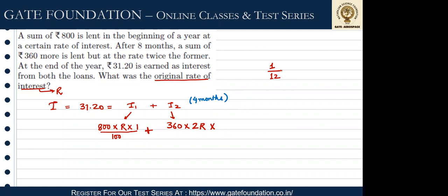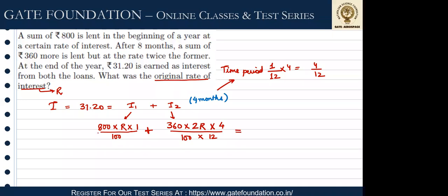But I have 4 months, so I'll multiply it by 4. So basically I'll have 4 by 12. So I will be calculating it for 4 by 12 and नीचे 100 आगे. So this will be your equation. This is your time period. Right, time period for this part.